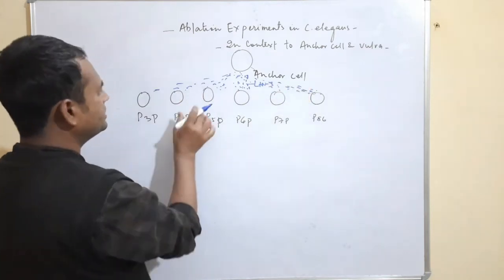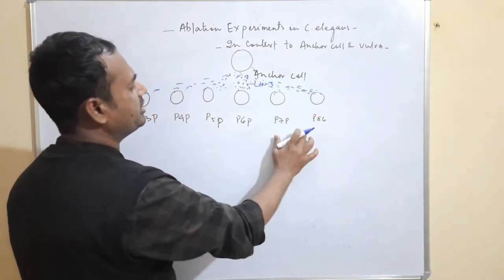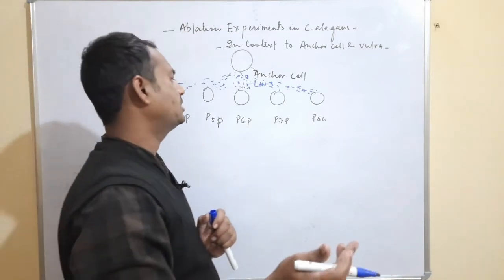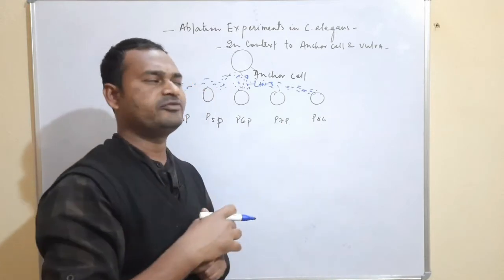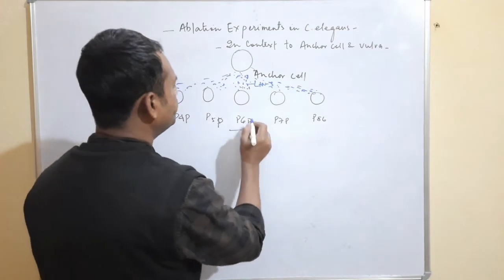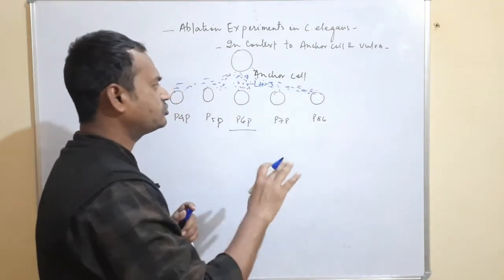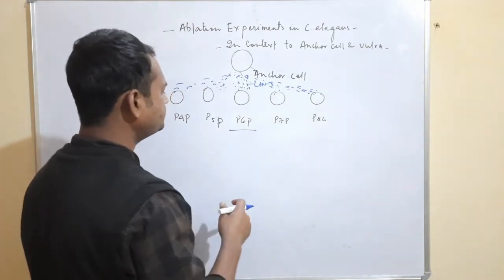So these 3 are peripheral cells, and these 2 cells are peripheral. Means P3P to P5P are peripheral to the P6P, and P7P and P8P are peripheral to the P6P. P6P is getting the maximum amount of lin-3 protein, which we studied already in the last lecture.